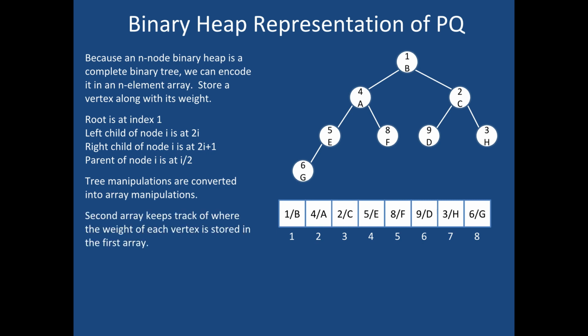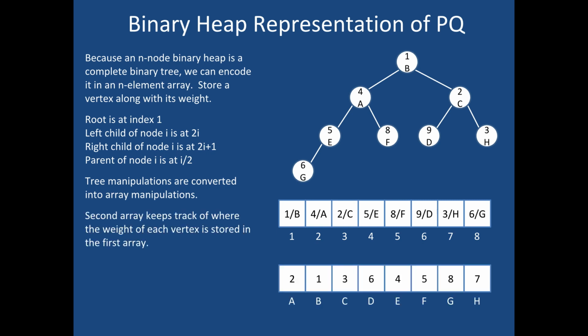Now we're going to add a second array. Let me show you what we're doing here. The second array is indexed by vertex, or what I was calling label up there, and it contains an index into this array that tells us where A is stored.